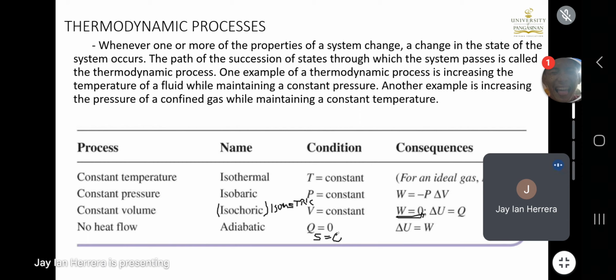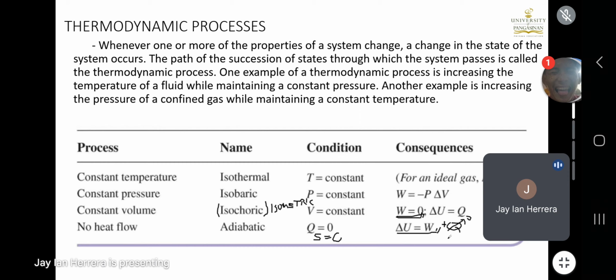So in isentropic, the consequence is that delta U is work, since delta U is work plus heat, and since isentropic has no heat flow, the heat is 0. So work plus 0, which gives delta U equals work.